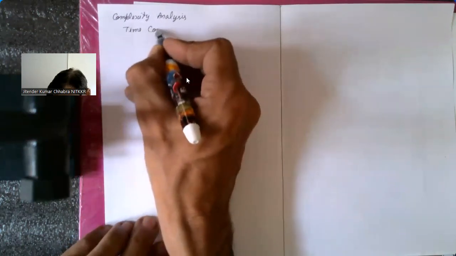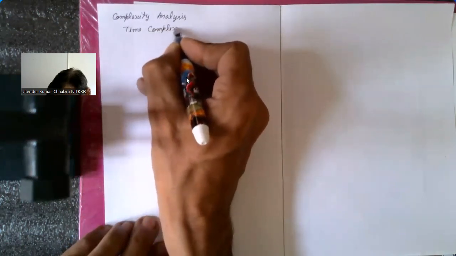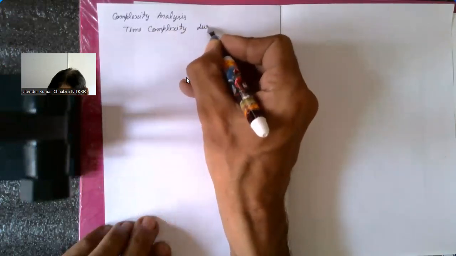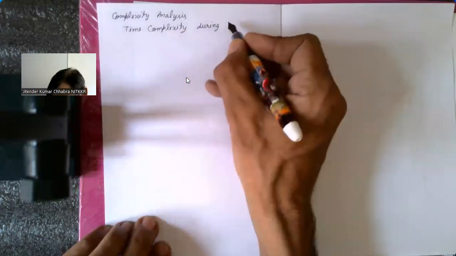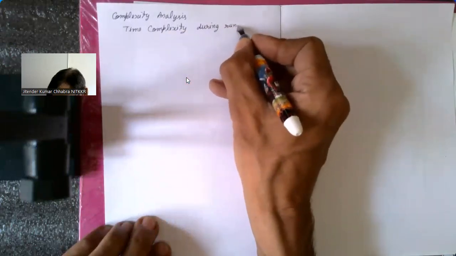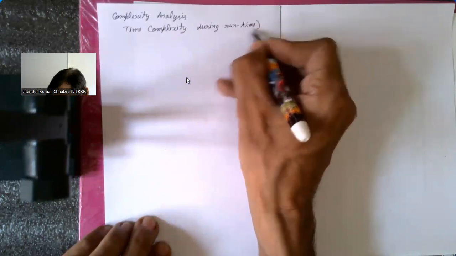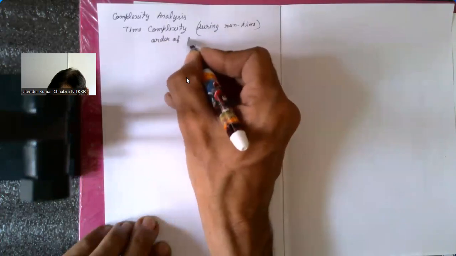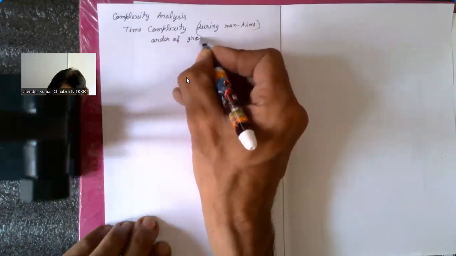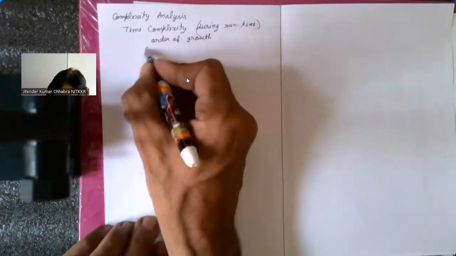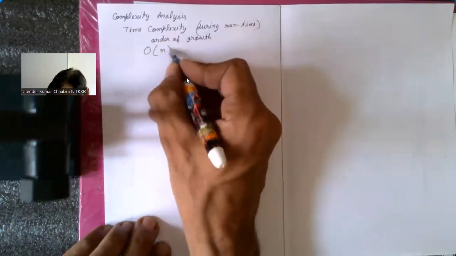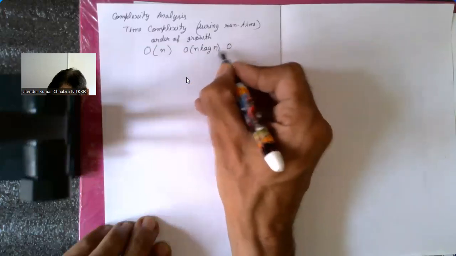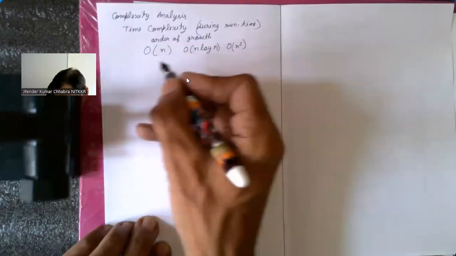For time complexity analysis, we targeted the runtime during execution, how many steps, or an approximate analysis of how much time in terms of input will be needed, and order of growth was what we targeted to identify. On the basis of order of growth, we go for big O of n, or big O of n log n, or big O of n square, or such kind of approximate analysis.